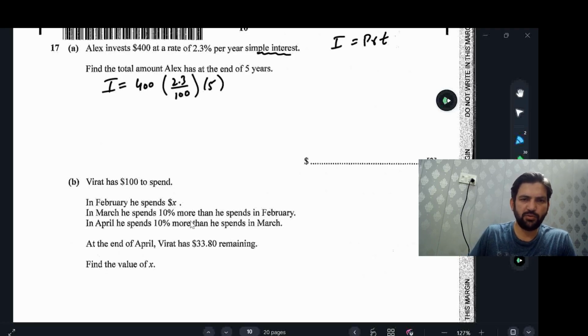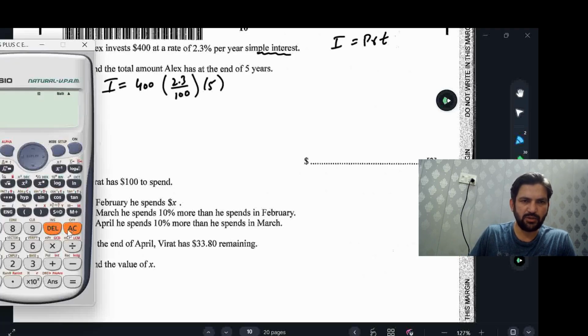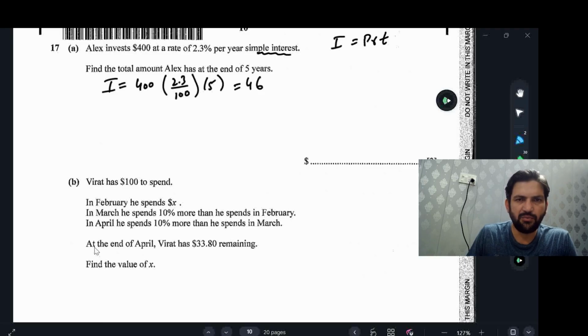Now simply type it in the calculator: 400 multiplied by the fraction 2.3 divided by 100, multiplied by 5. This will be equal to 46. Now 46 is the interest amount or the profit amount.